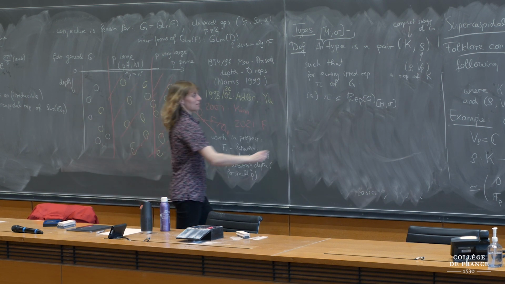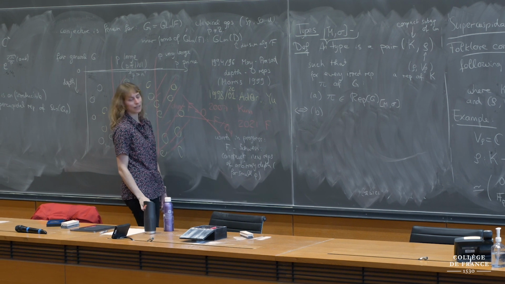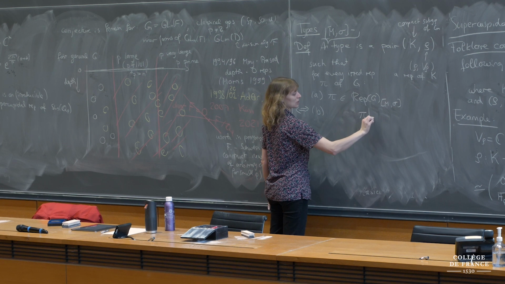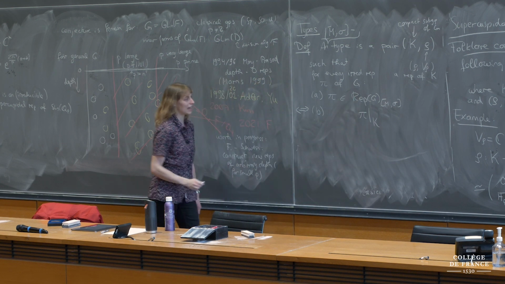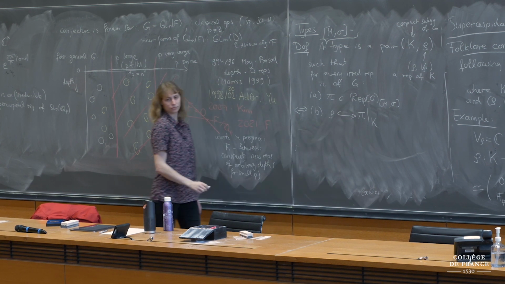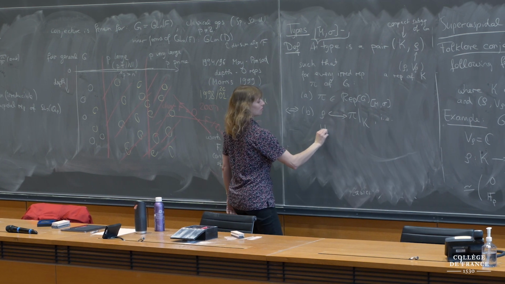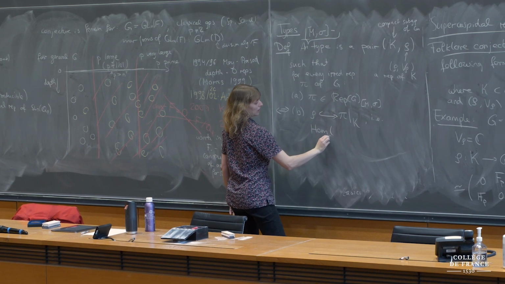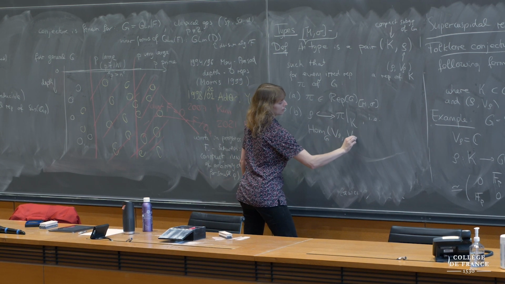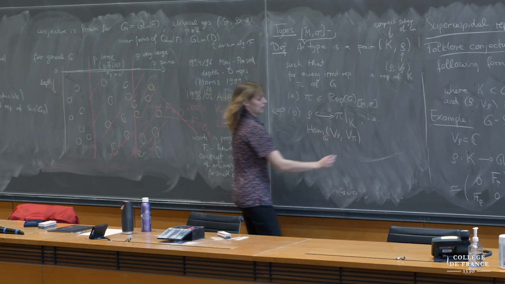And the second statement is, and these two should be equivalent, that this can be detected from K. So the second statement is that if I take my representation pi and restrict it to K, then it should contain the representation rho. Or in other words, the space of G homomorphisms from V rho to V pi, so from the representation rho to the representation pi, is non-trivial.